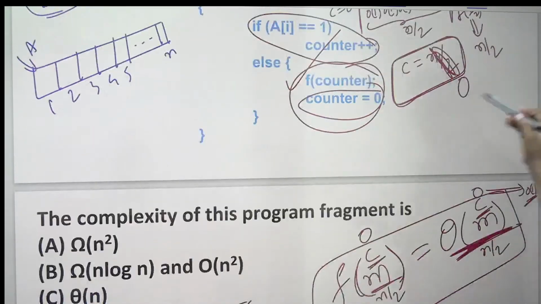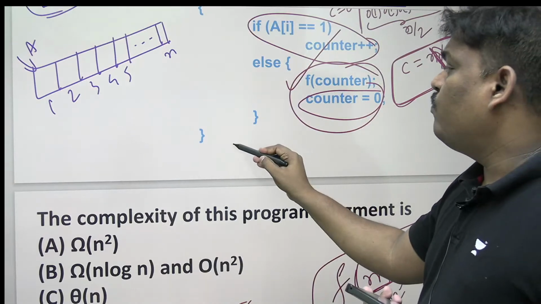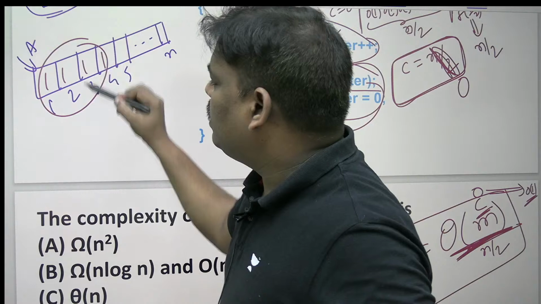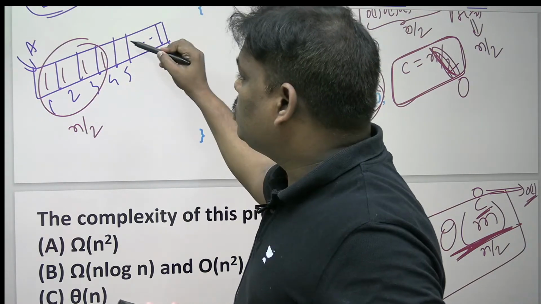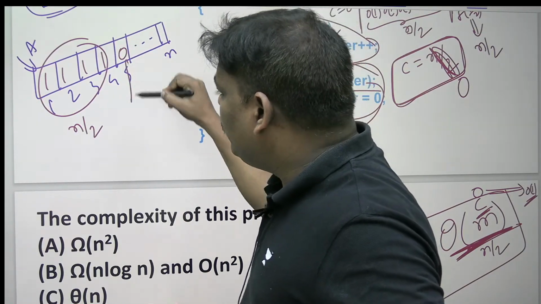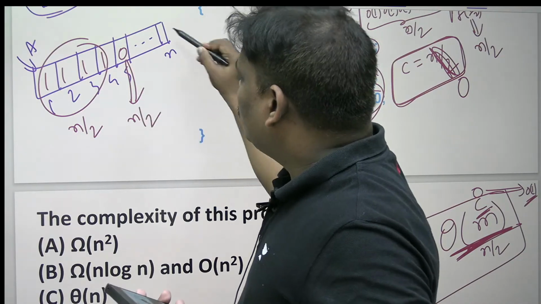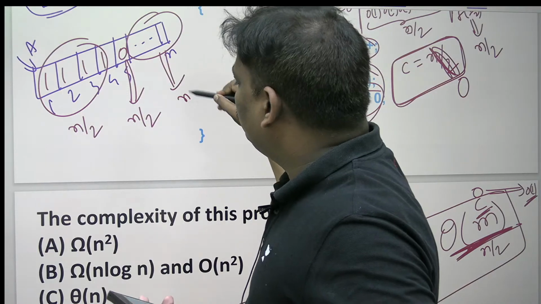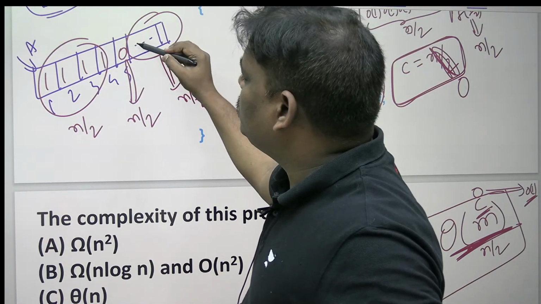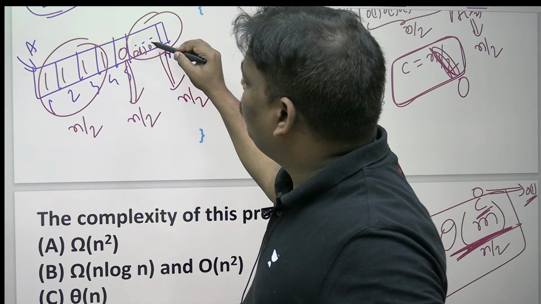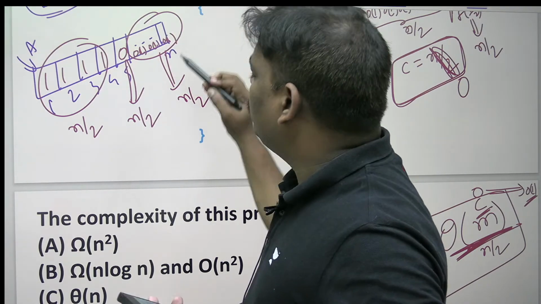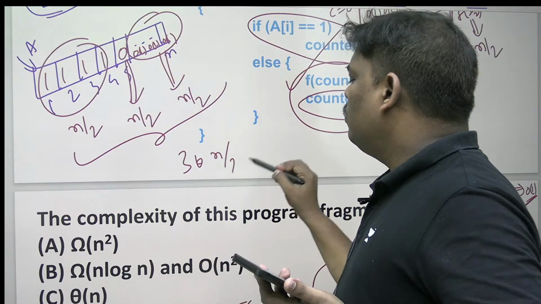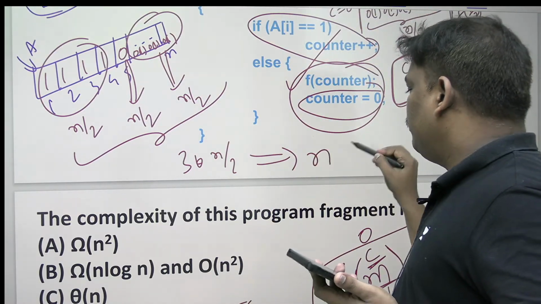So, overall time, half ones will take n by 2, next one, first 0 will take n by 2, remaining all will take constant time. Overall 3 into n by 2, nothing but n time.